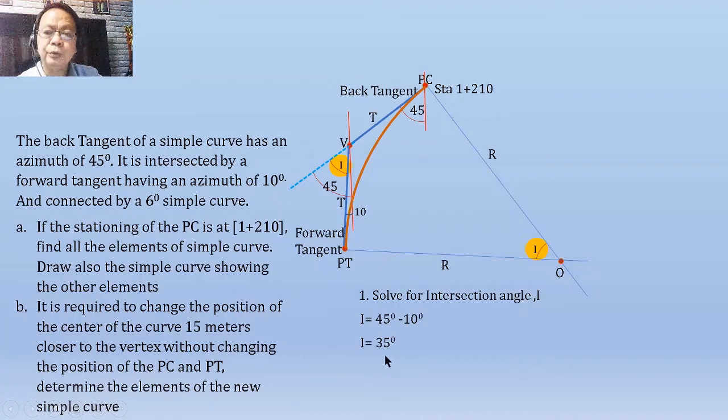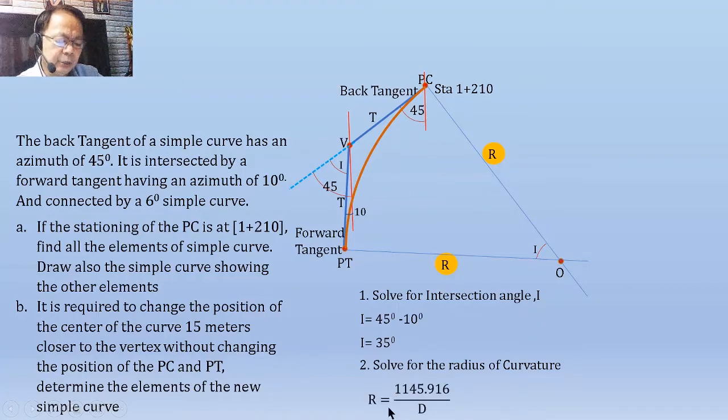and that our I is equal to 35 degrees. So after we have solved for our intersection angle, we are now ready to solve for our radius of the curvature. So we can now solve for the radius of the curvature, which can be solved by the formula, using of course the degree of the curvature, because we are given the degree of the curvature.